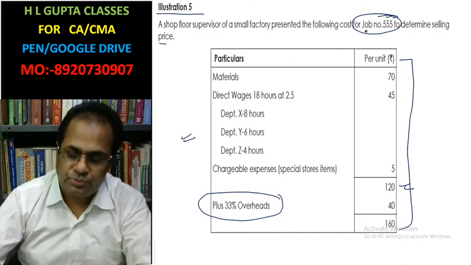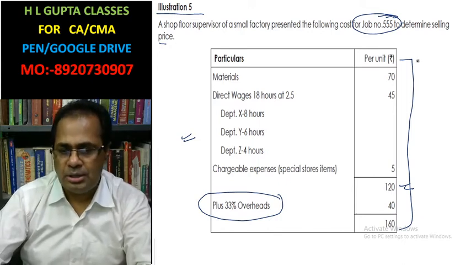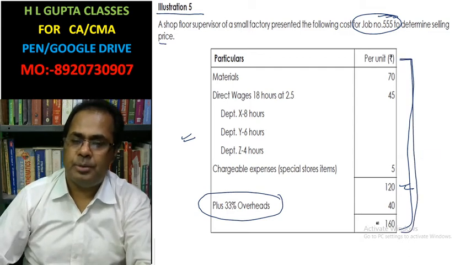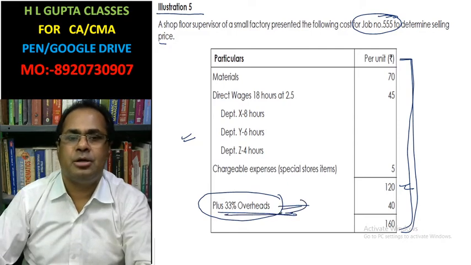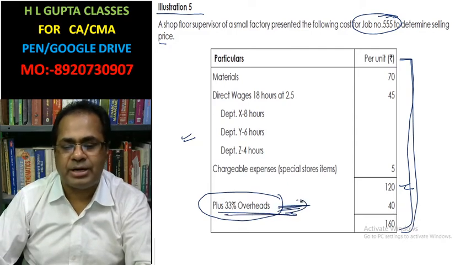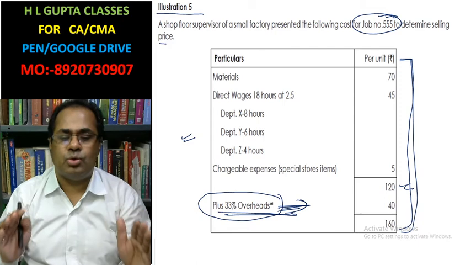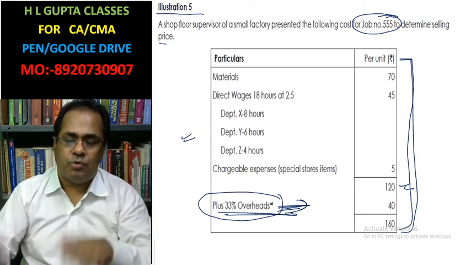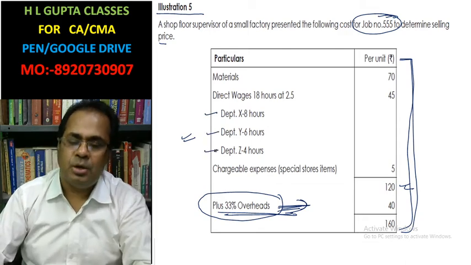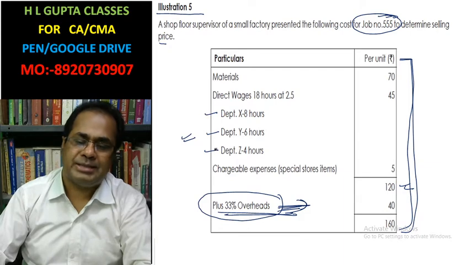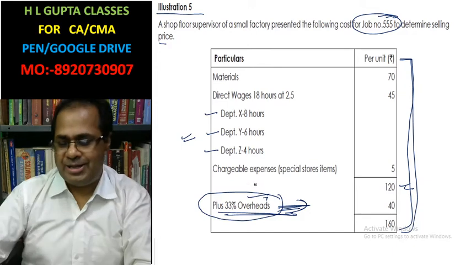The calculation of the overhead rate here is not correct because it is calculated on a blanket, flat rate. It is better to calculate the departmental overhead per hour rate for department X, Y, Z, and then charge overhead on the basis of the per hour rate. That I am going to do here.